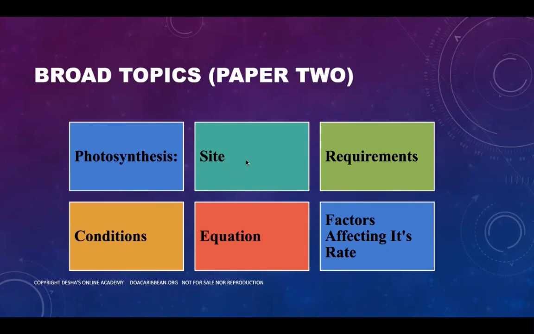Photosynthesis occurs in the leaves of green plants, specifically in the organelle chloroplast. And the chloroplast contains a pigment called chlorophyll, and it is the chlorophyll that is involved in the harnessing of the energy from the sun to fuel this process of photosynthesis.